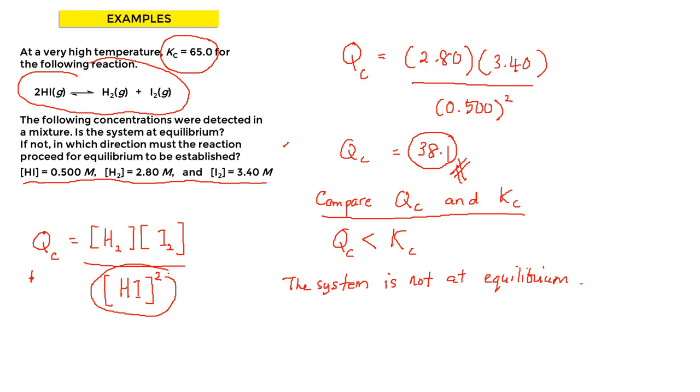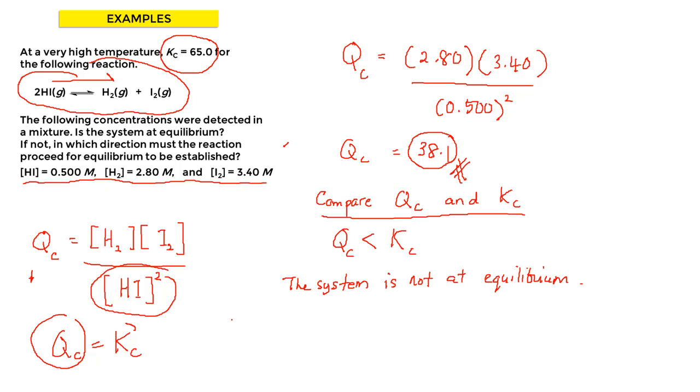In order to reach equilibrium, that is Qc equal to Kc, the reaction is more inclined to go in the forward direction, to the right. The concentration of reactant must decrease and the concentration of product will gradually increase, so eventually Qc will equal Kc. That is why it favors the forward reaction.